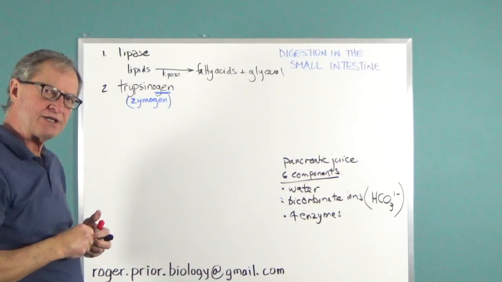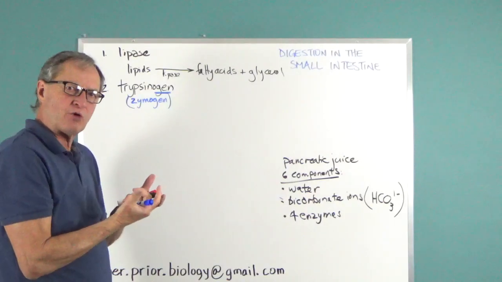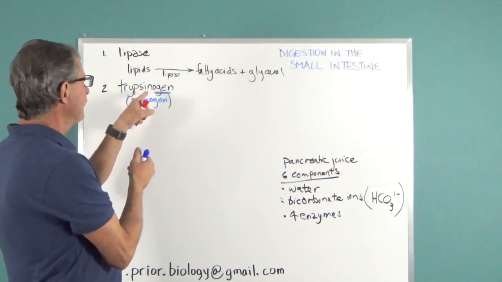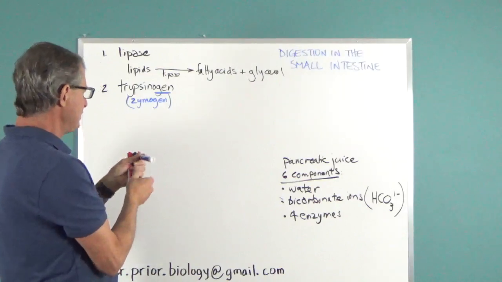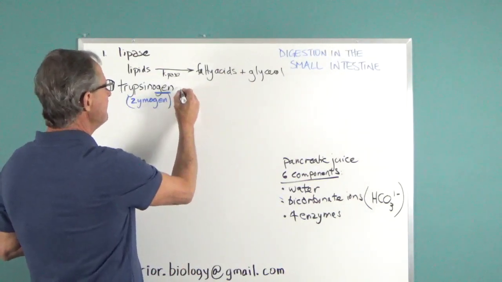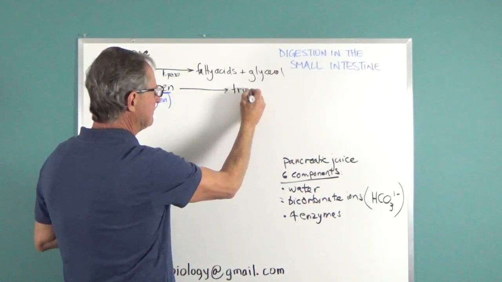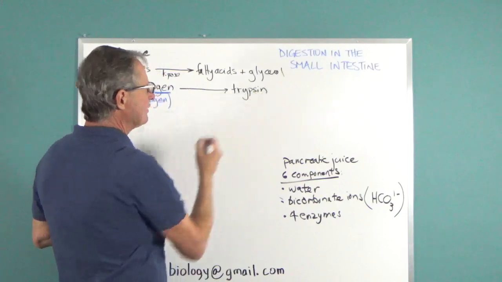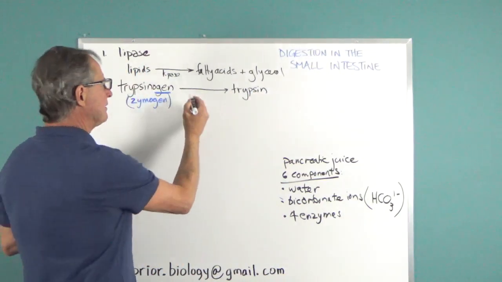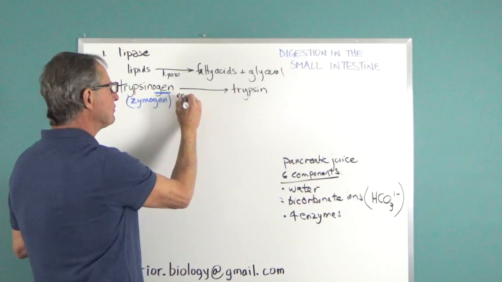It's a protein digesting enzyme, and it can't be produced in an active form. It's produced in the form of trypsinogen, and it's actually treated by an enzyme and converted into trypsin. Trypsin is the active form of trypsinogen. The enzyme's name is enterokinase.